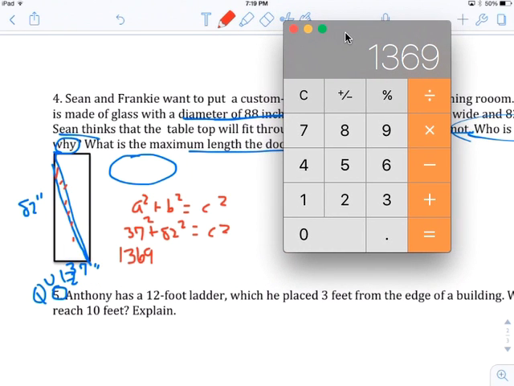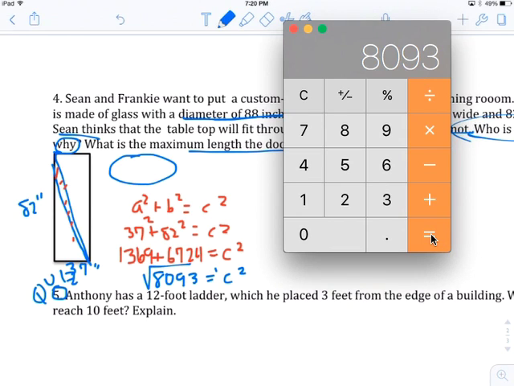That's what I put here. And then 82 times 82 equals 6,724 equals c squared. Add it. Add 1369. 8093 equals c squared.